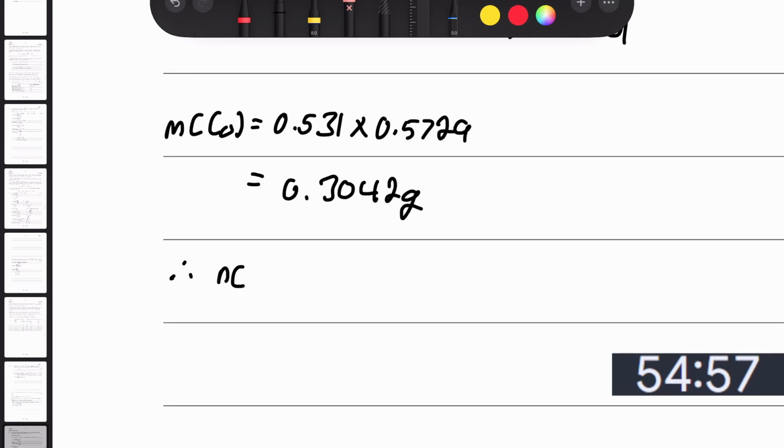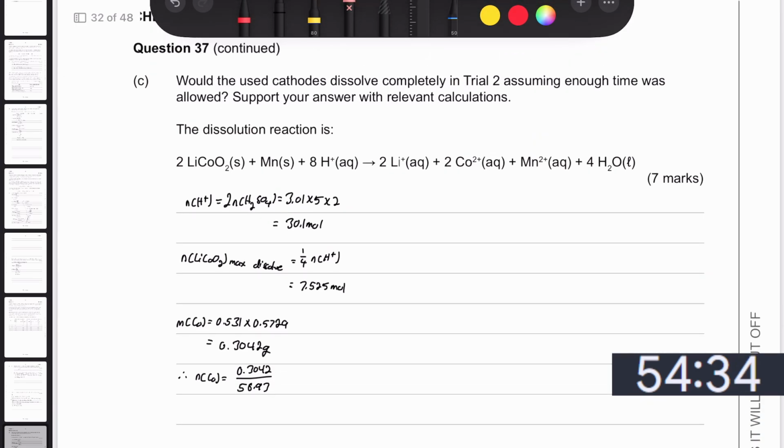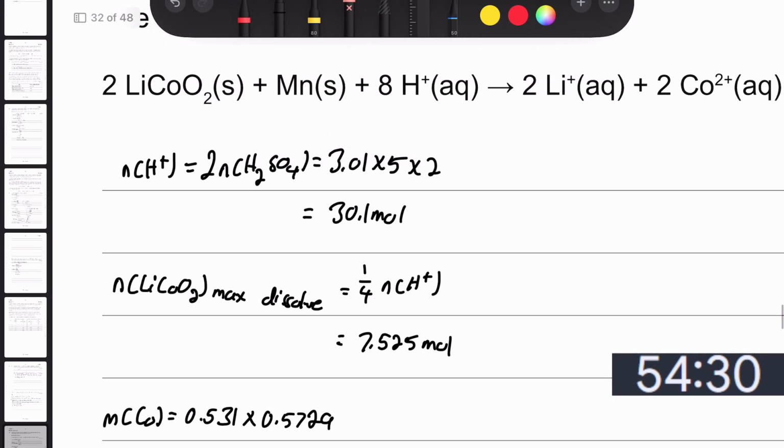Number of cobalt is equal to, and so cobalt is 58.93. So 0.3042, 58.93. Why is this going to be so far off? I'm missing something.